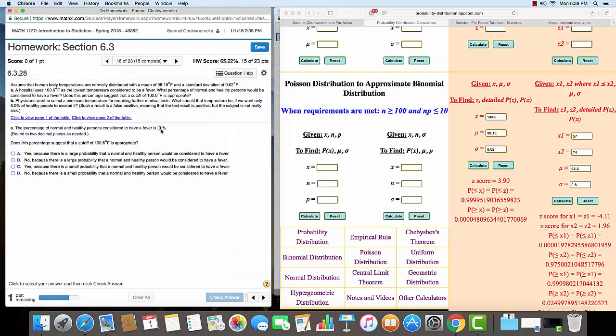Does this percentage suggest that a cutoff of 100.6 degrees Fahrenheit is appropriate?